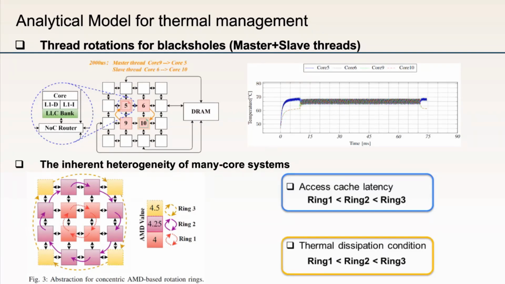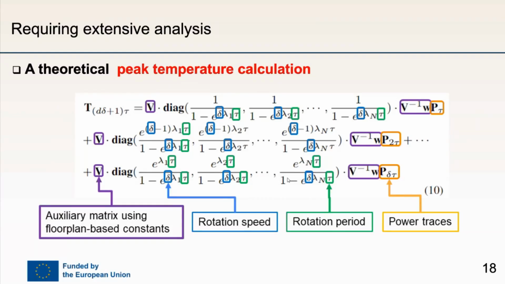However, it requires extensive analysis of system characteristics, such as the cache latency and each core's heat dissipation conditions, making it highly complex. Determining the rotation speed, the period, involves sophisticated formulas and equations. While this analytical model can work well in specific scenarios, it has significant limitations.